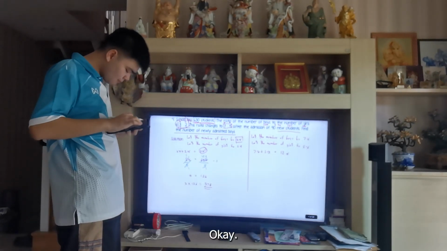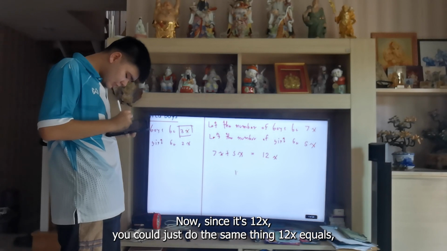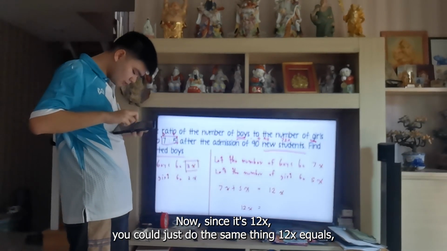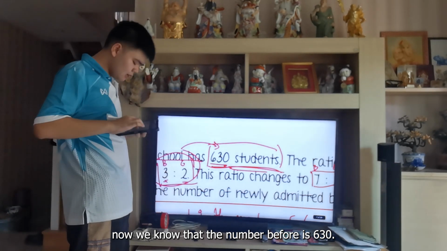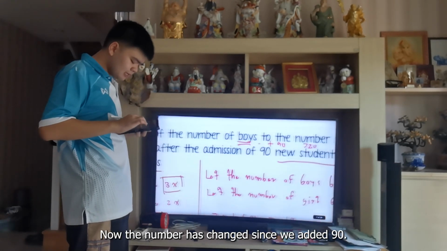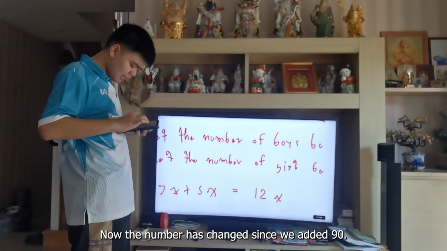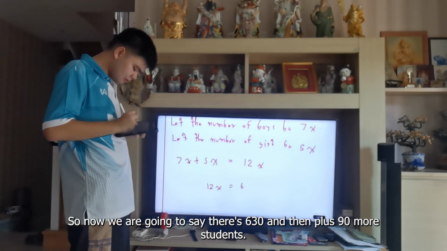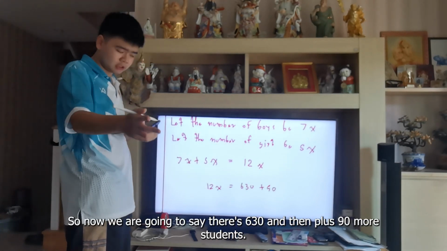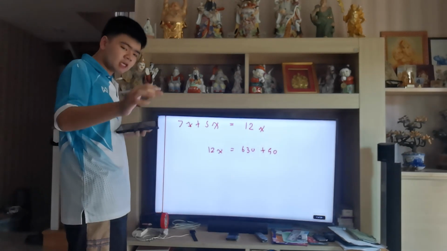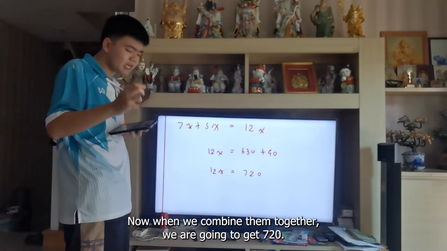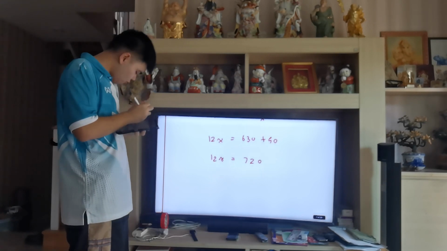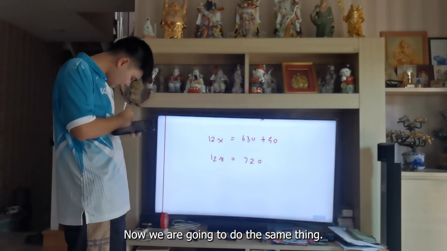Since it's 12x, we do the same thing. 12x equals, now we know that the number before is 630, and it has changed by plus 90. So 630 plus 90 more students, when we combine them, gives 720.